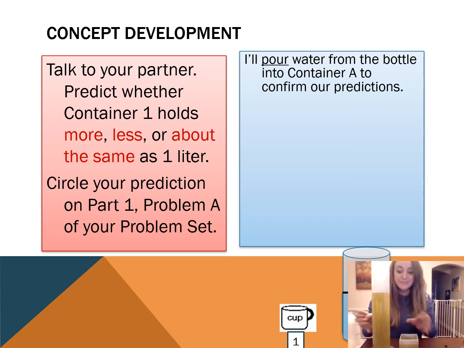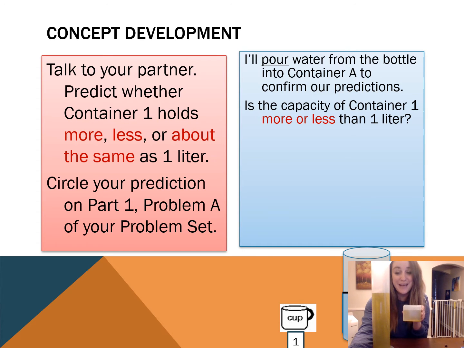What do you think? Does it hold more, less, or about the same? Is the capacity of container 1 more or less than 1 liter? It is less. We see that the liter still has plenty of liquid in it, and the cup only took a little bit of that.